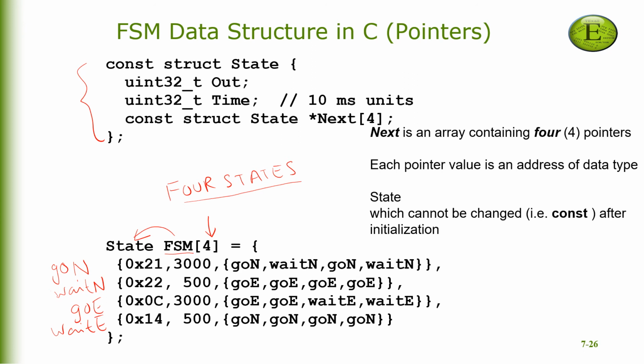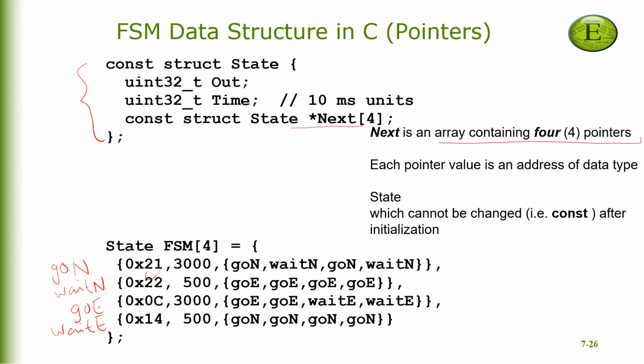Now the important thing to note over here is that the output and the time attributes are the same as before, but the difference in this case is the implementation of the third attribute. In this case, this is a pointer. It is an array of pointers.